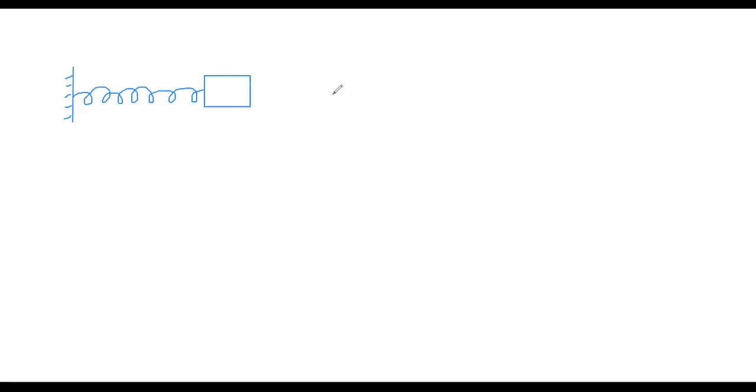So x is extension. In this case, when extension is small, we have Hooke's law. What does it mean?